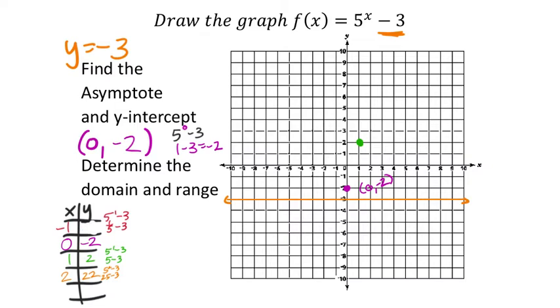That'd be -2.8. So with that one, we get (-1, -2.8). See how that point puts us already very, very close to the asymptote. Now you could try -2, but again, you're going to get something very close to -3, which means we're ready to draw this graph.